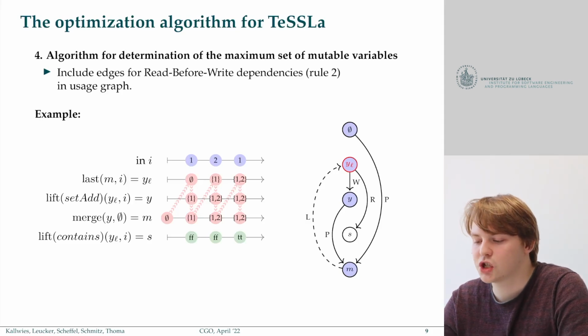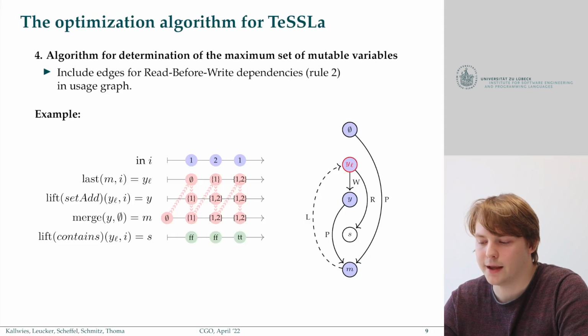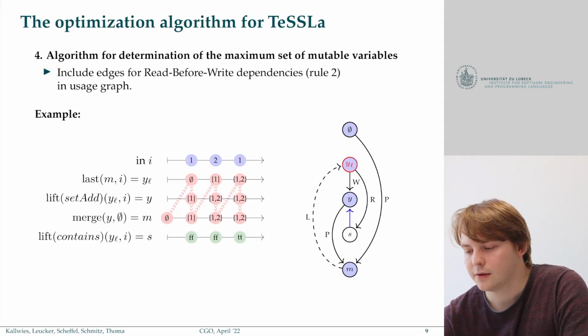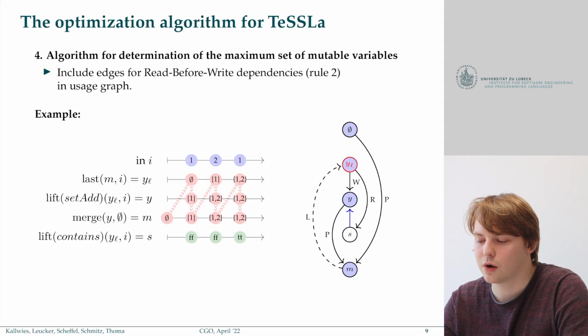Now we have to make sure that the read access, the evaluation of stream S, is done before the evaluation of stream Y. To ensure that, we add an additional edge to our graph from stream S to stream Y, a so-called read before write edge.